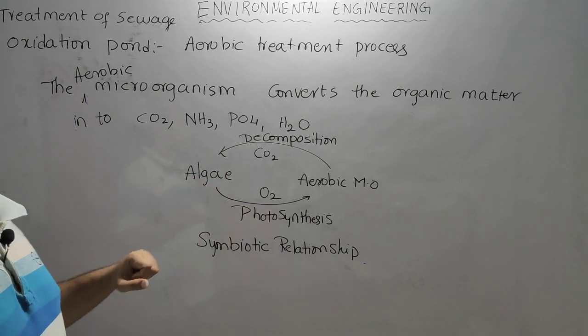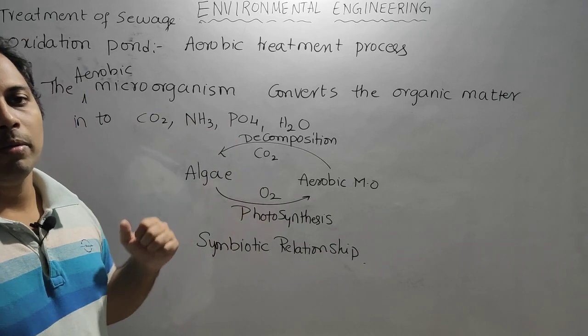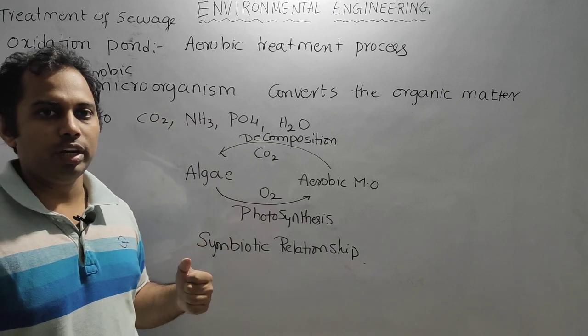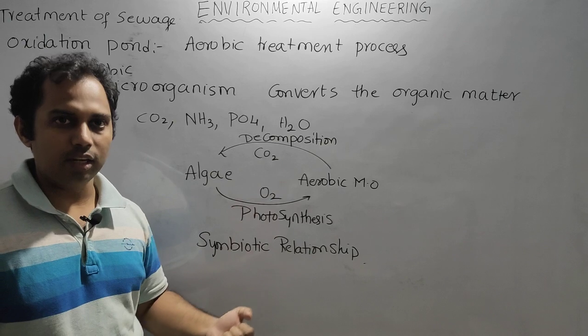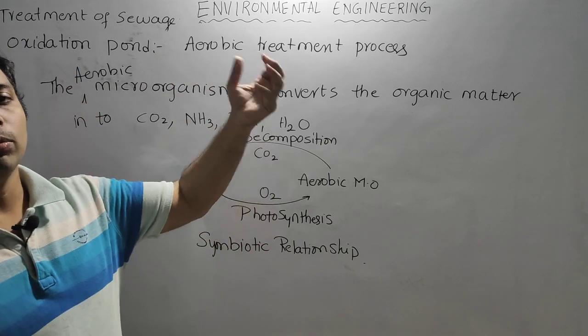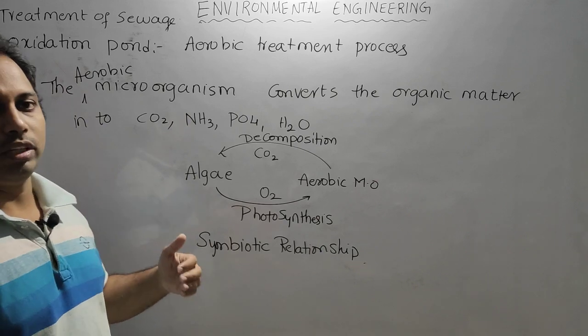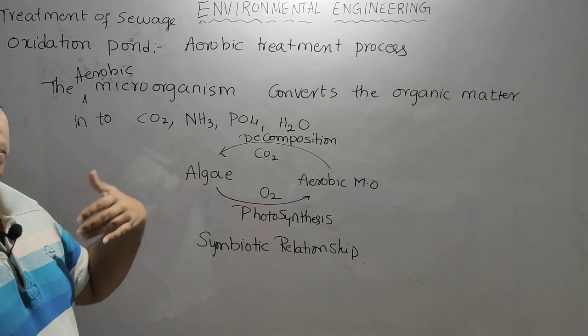The time taken to decompose the organic matter in Madhya Pradesh will be different. It will be lesser in Madhya Pradesh and more in Jammu Kashmir, because the temperature in Madhya Pradesh is higher, it is nearer to the equator, whereas Jammu Kashmir is farther from the equator.